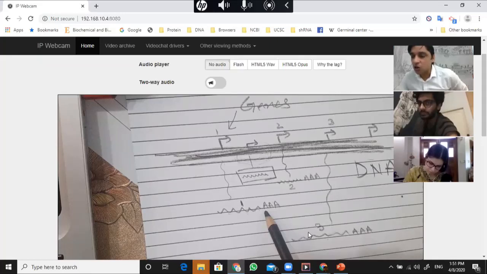Those genes are called non-coding genes. They are also genes, but they are called non-coding genes. And that part of the genome is called the non-coding portion of the genome.